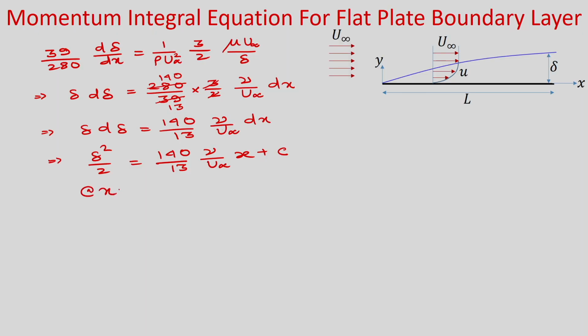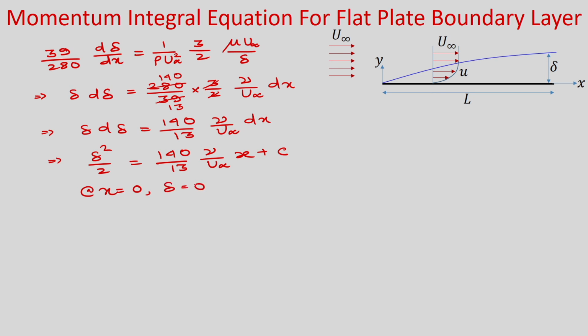Now we can find this integration constant c from the leading edge: at x equal to 0, what is the boundary layer thickness? At x equal to 0, the boundary layer thickness is 0. So at x tends to 0, we have delta tends to 0.